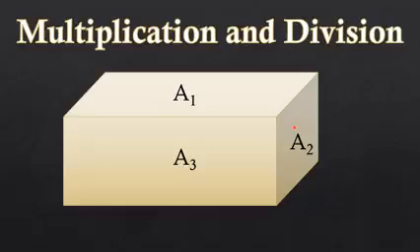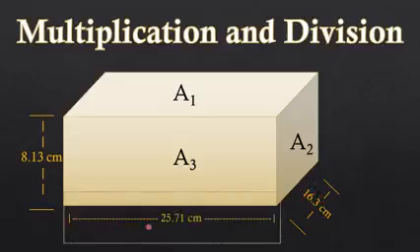And we have the following measurements. Okay, so we have the height of 8.13 centimeters. We have the width of 16.3 centimeters. And we have the length of 25.71 centimeters. Again, recall lang po natin that in order to find the area of these rectangular boxes, since yung involved are all rectangular faces, para makuha yung area ng rectangle, we need to multiply the length by the width, okay, kung ano man yung given measurement.